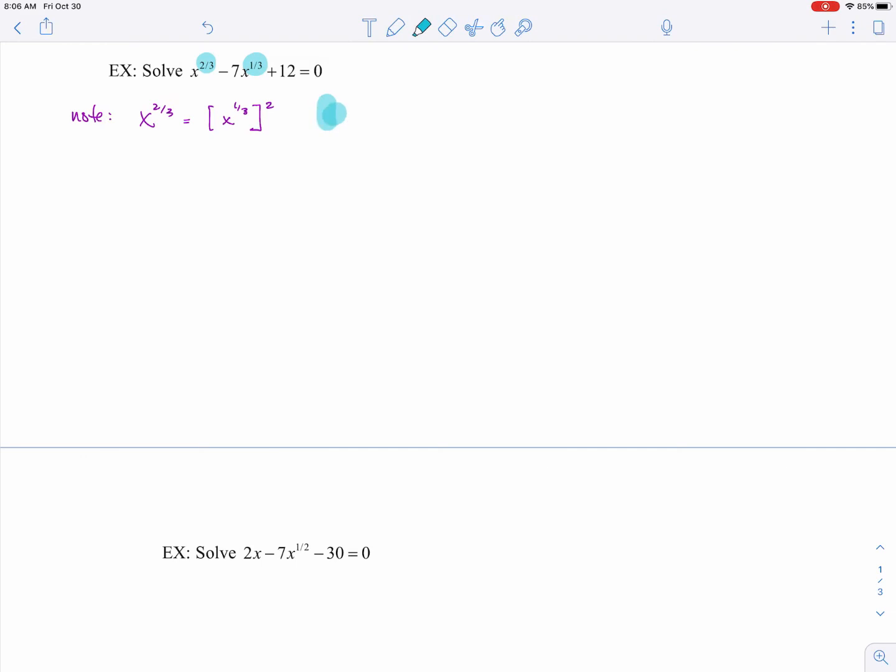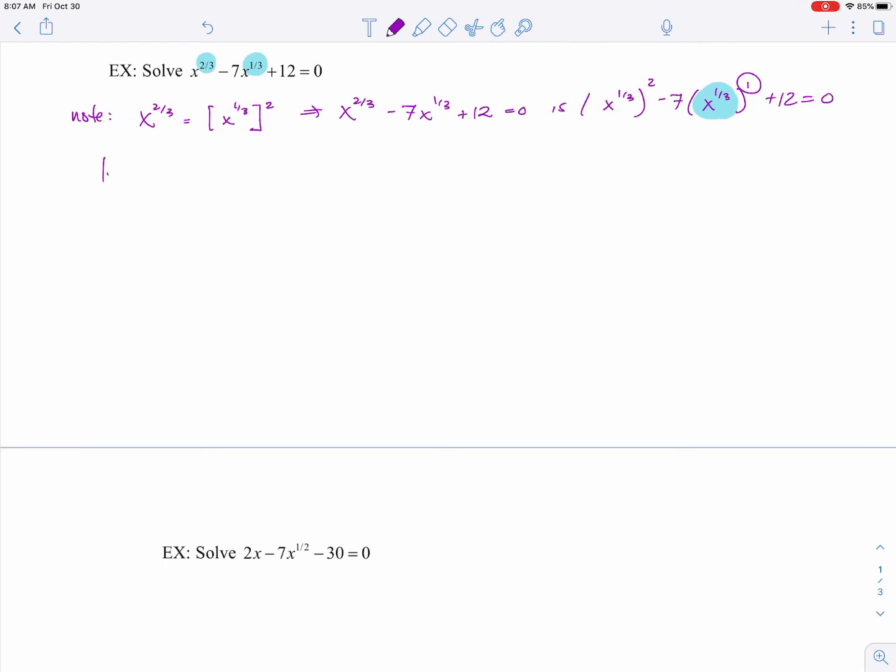So x to the 2/3 minus 7x to the 1/3 plus 12 equals 0 is x to the 1/3 squared minus 7 times x to the 1/3 to the first power plus 12 equals 0. We choose that middle term, the first power variable, even though it's a 1/3, because it has that first power in the linear sense.